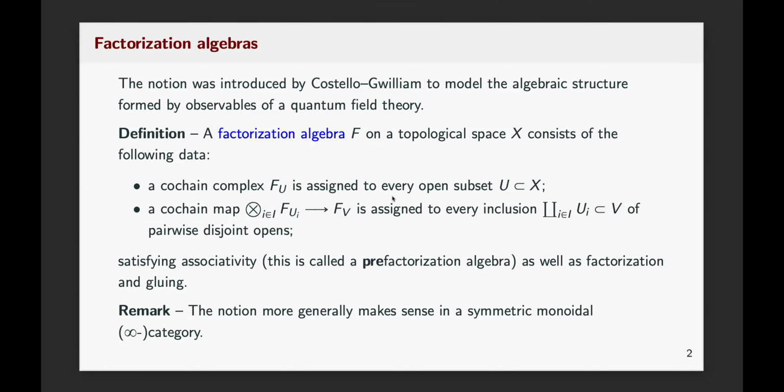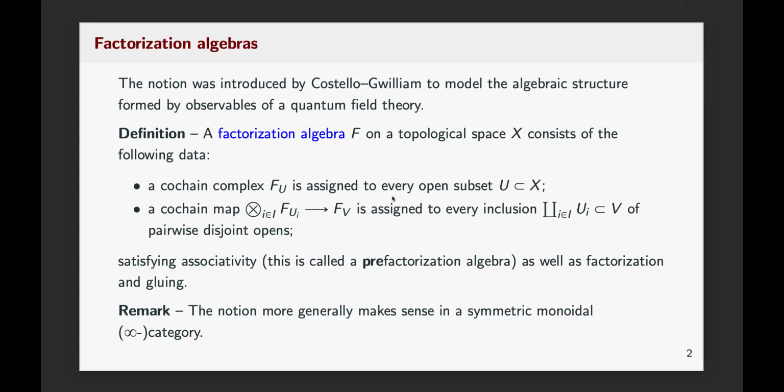So today I'll be talking about factorization algebras. This notion has been introduced by Costello and Williams in order to model the algebraic structure of observables in quantum field theory, rather Euclidean quantum field theory. So let's start with the definition. A factorization algebra on a topological space X consists of the following data. First of all, to every open subset, you assign a cochain complex.